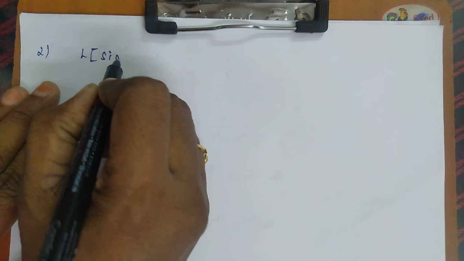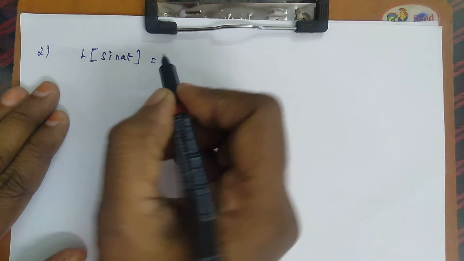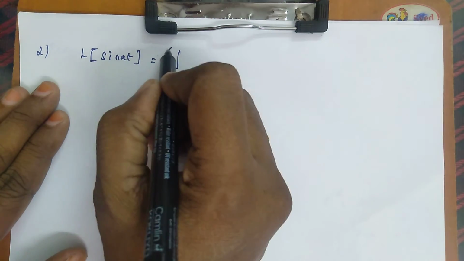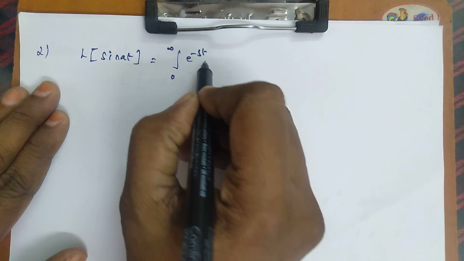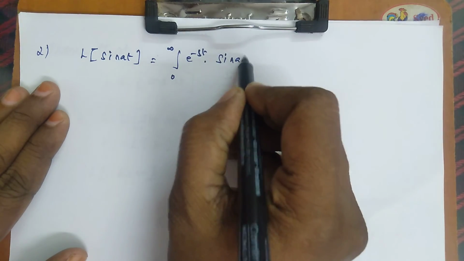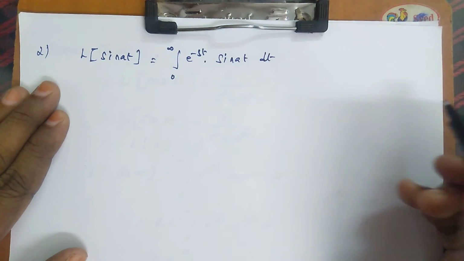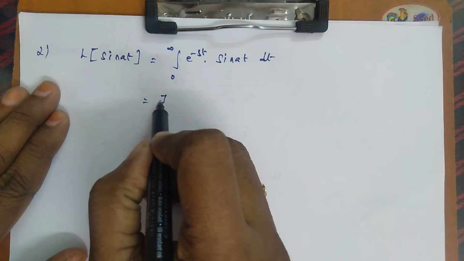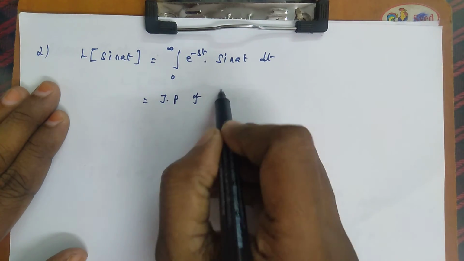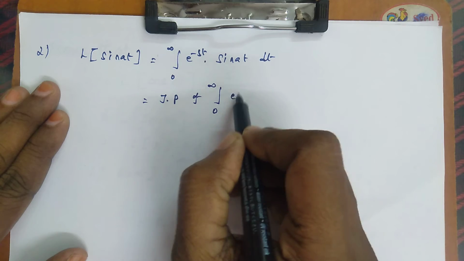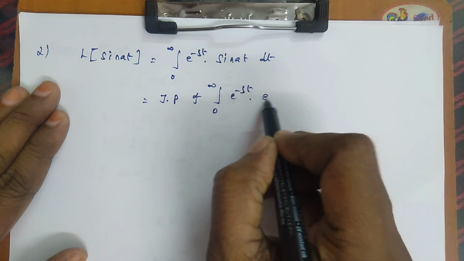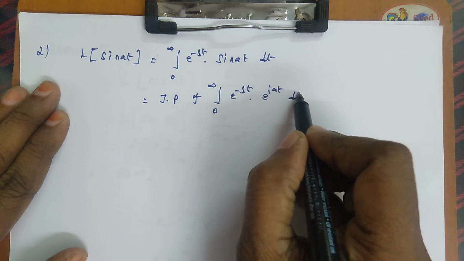Now the second result is L of sin AT. So applying the definition of Laplace transform, integral 0 to infinity e power minus st sin AT dt. Sin is nothing but the imaginary part. So this can be written as imaginary part of integral 0 to infinity e power minus st e power IAT dt.